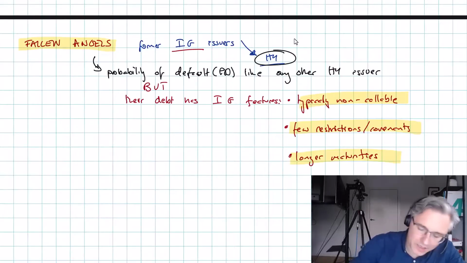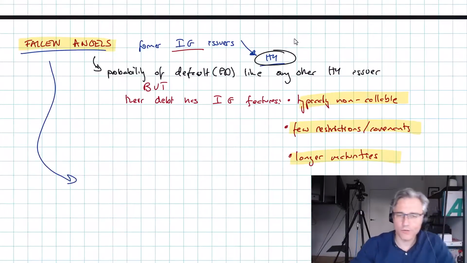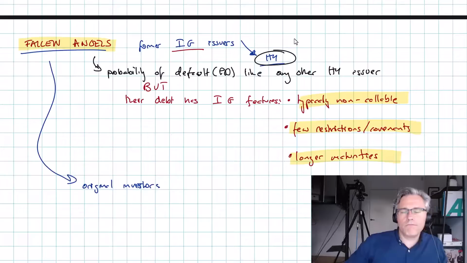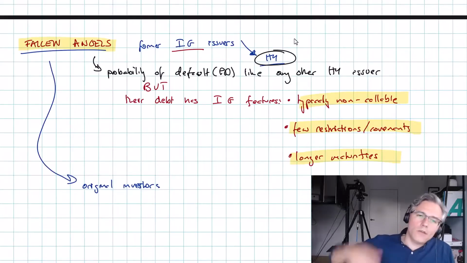As a result of becoming a fallen angel, as a result of that drop, a large portion of your previous investors, the original investors, typically need to divest, because many, especially regulated financial institutions like pension funds, mutual funds, etc., may either make it a matter of their own internal policy, or it even comes from external regulation, that they should not hold bonds or invest into bonds of issuers below a certain credit rating.